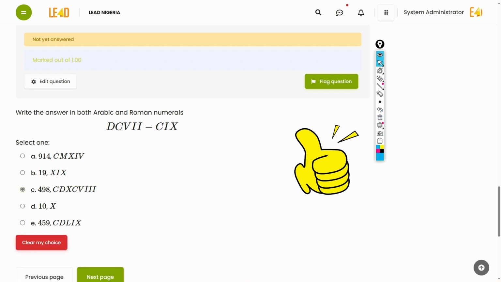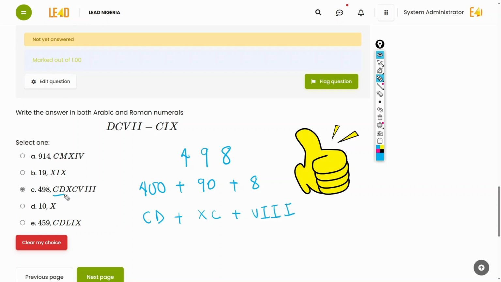Just to confirm, let's convert 498 to Roman numerals. 400 plus 90 plus 8. That is CD, plus 90 is XC, plus 8 is VIII. CD, XC, VIII. So C is the correct option.